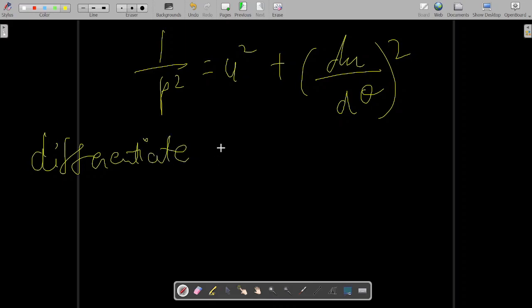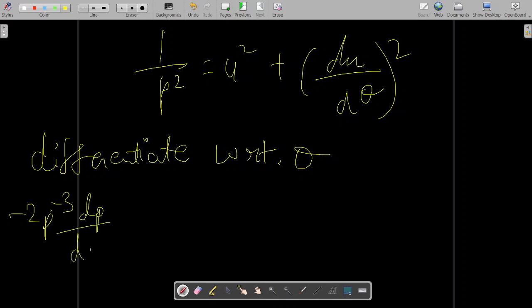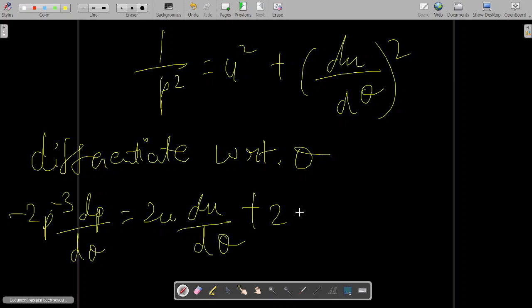Differentiate with respect to theta. So what do you get? After differentiating with respect to theta, you will get something like this.